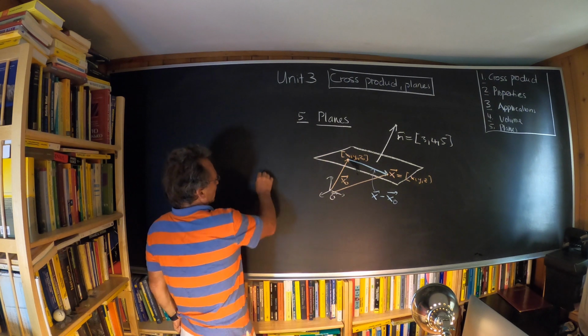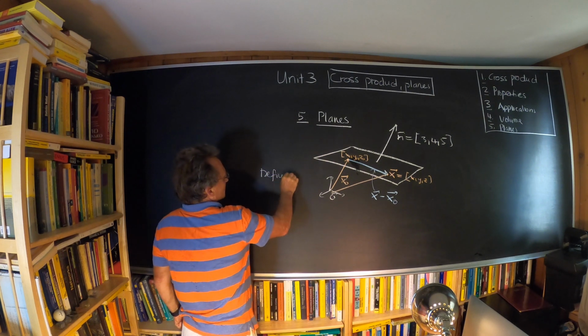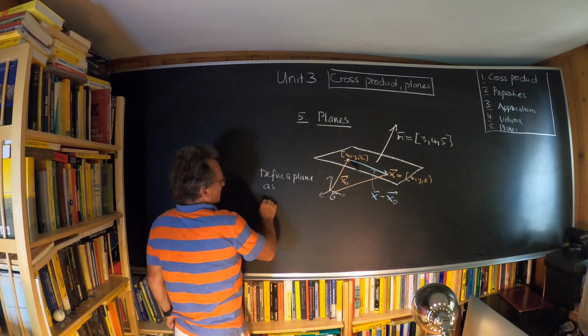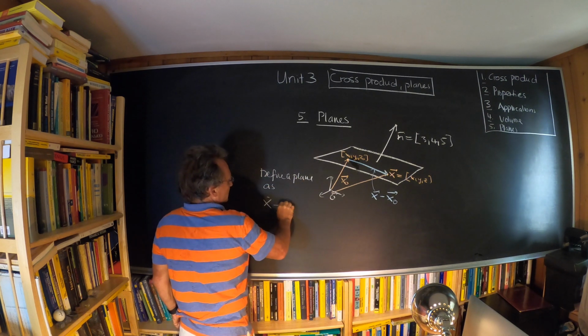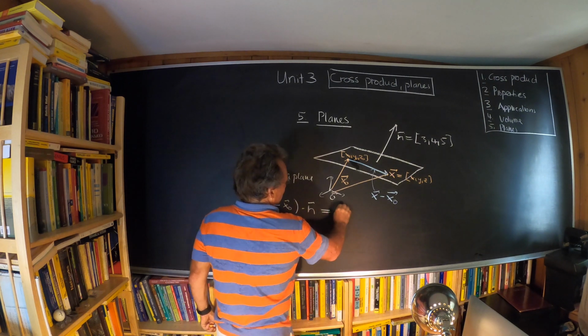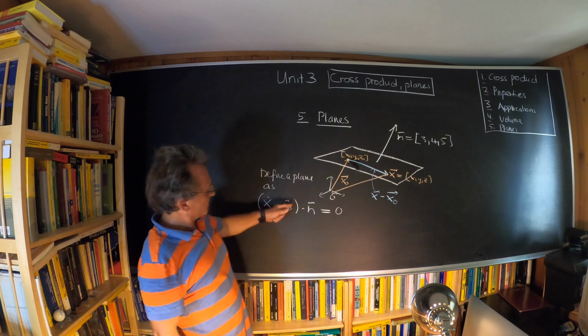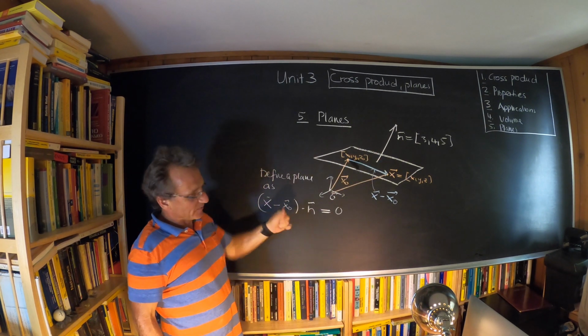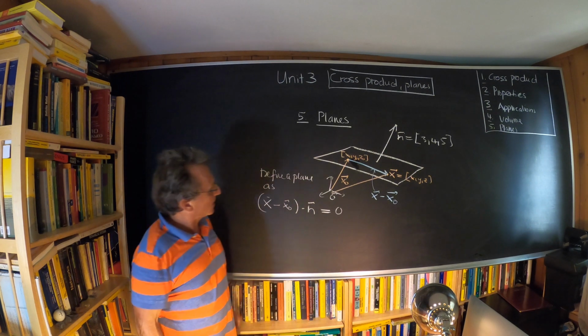So we define a plane: x minus x naught dotted with n is equal to 0. So this blue vector is perpendicular to that vector here. That's what we assume to be a plane.